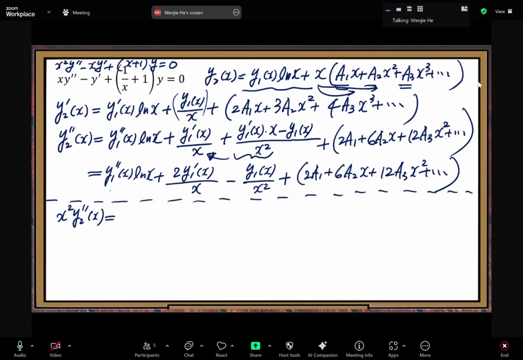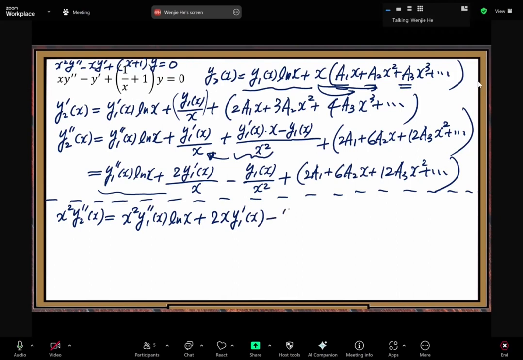Then multiply this version. So x squared y1 double prime times natural log. Then the denominator is gone, right, when we multiply by x squared. So 2x y1 prime. So the denominator is gone.